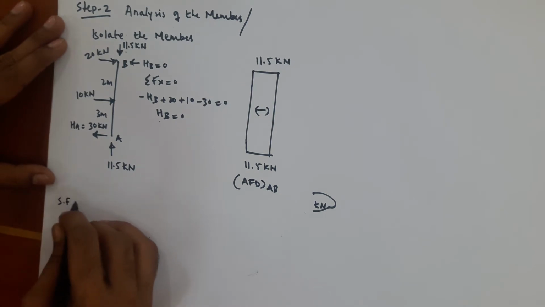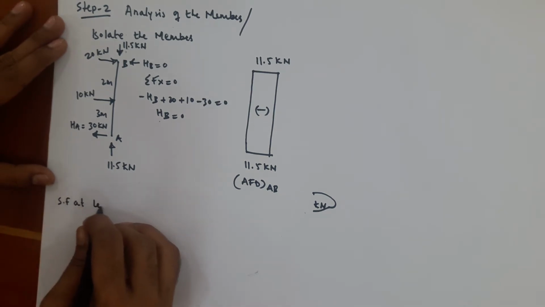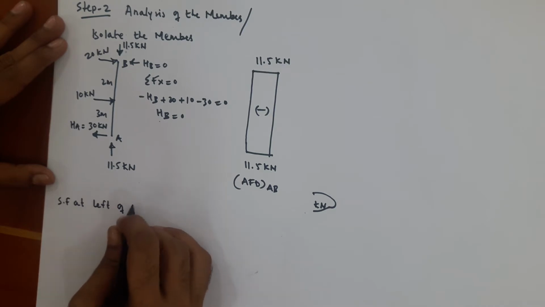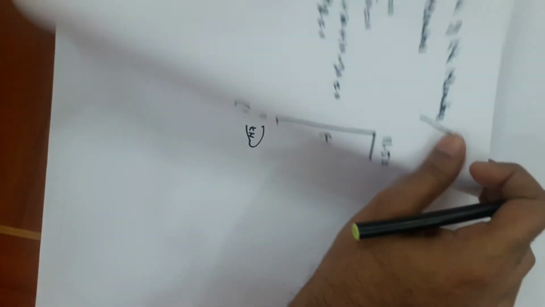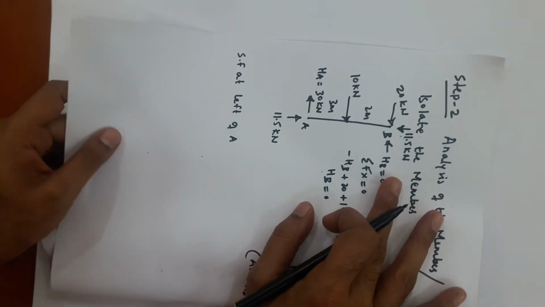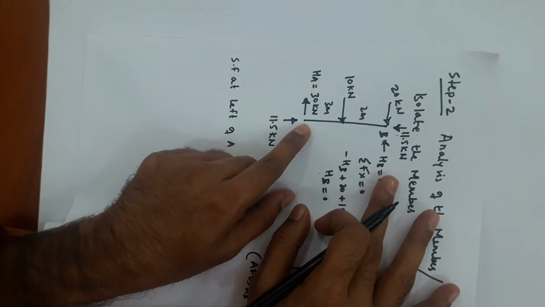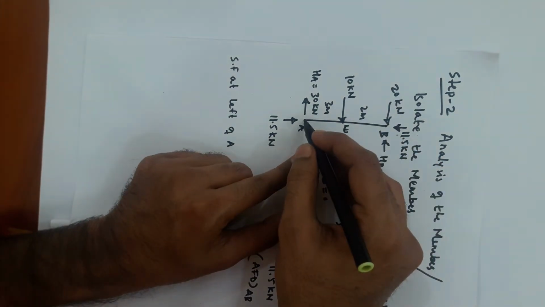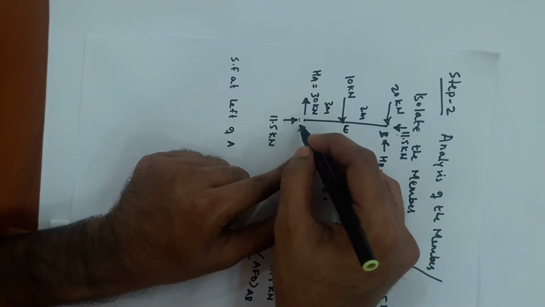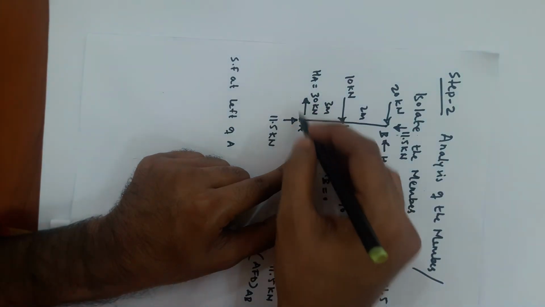Shear force at left of A, we have to look in this way. Okay, this is point A, this is point E, and this is B. At left of A, you do not have any perpendicular force to the member.